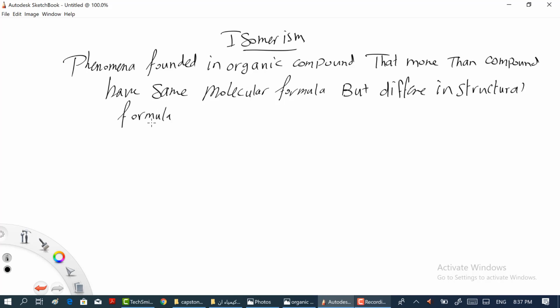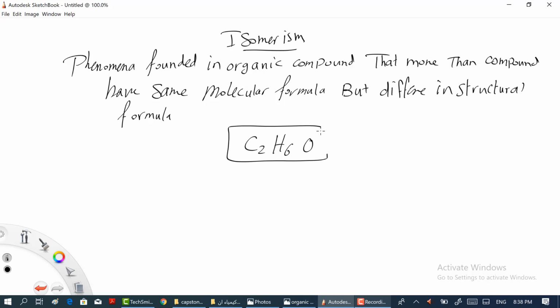Let's take an example: C2H6O. At the end of our content, inshallah, after talking about all the components of organic chemistry, we will talk about an isomerism summary, according to the general secondary certificate in Egypt.